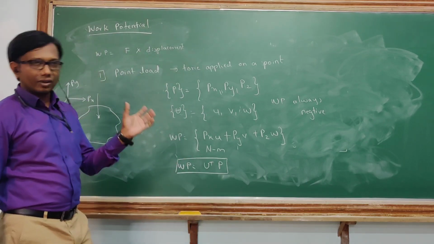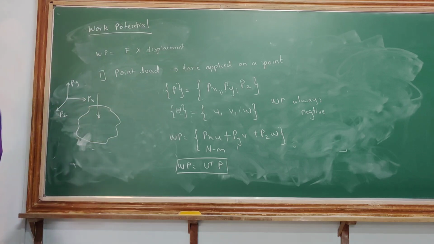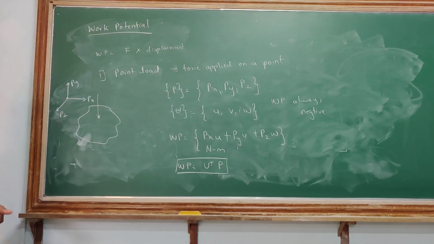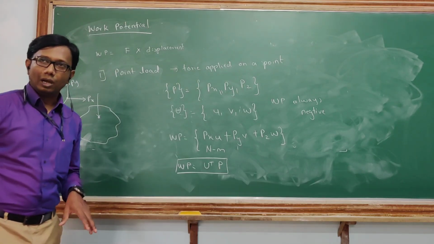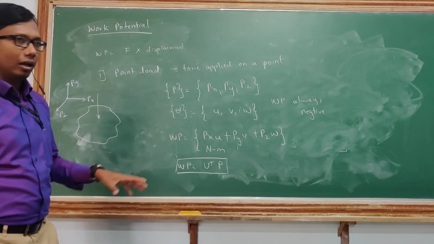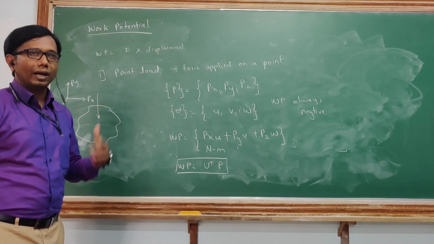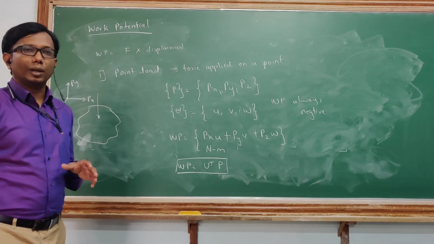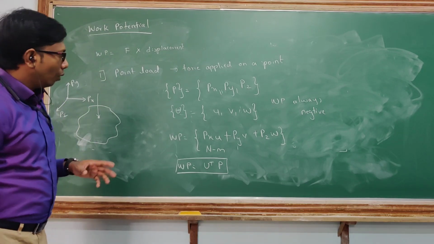Whatever difference is remaining, the strain energy minus work potential, should be nearly equal to 0. Then only I can tell that the body is in static equilibrium. Otherwise I can't tell the body is in static equilibrium, and I can't calculate the displacements unless it is in equilibrium position. I hope it is clear.